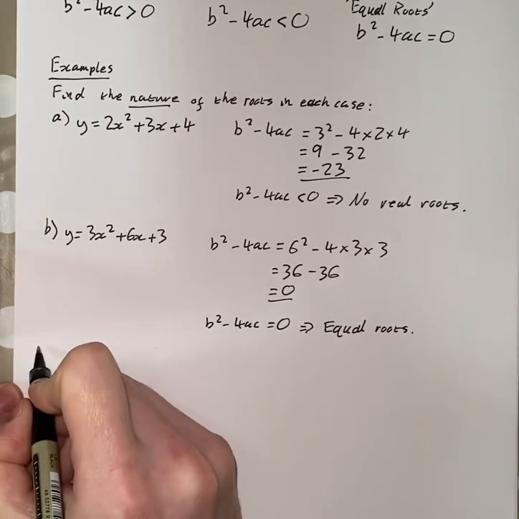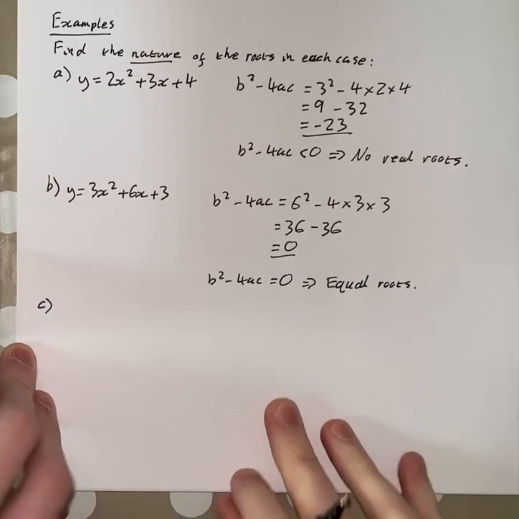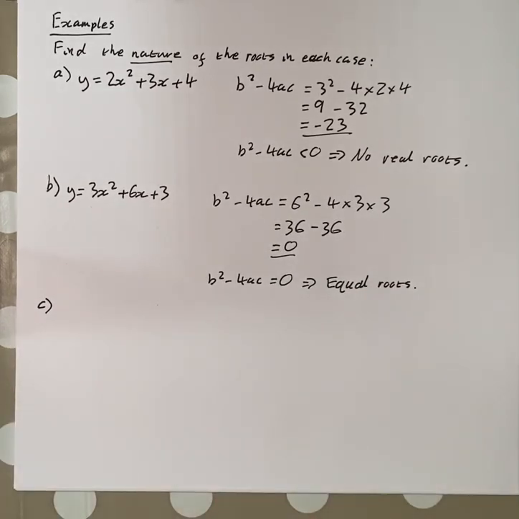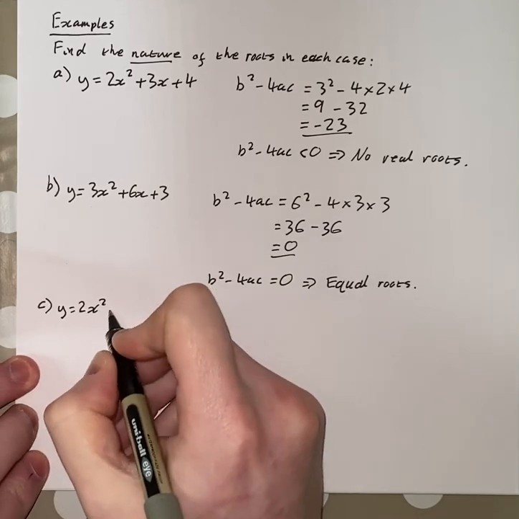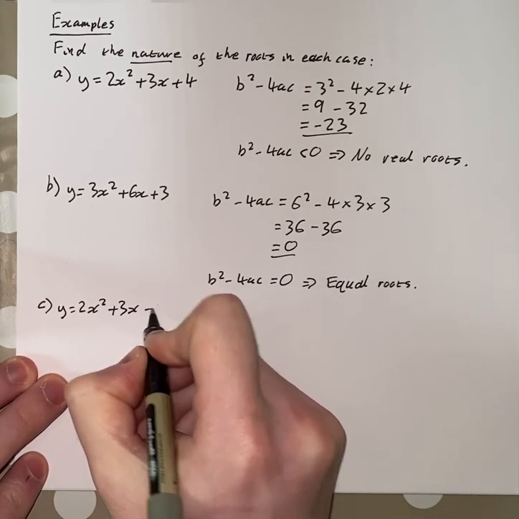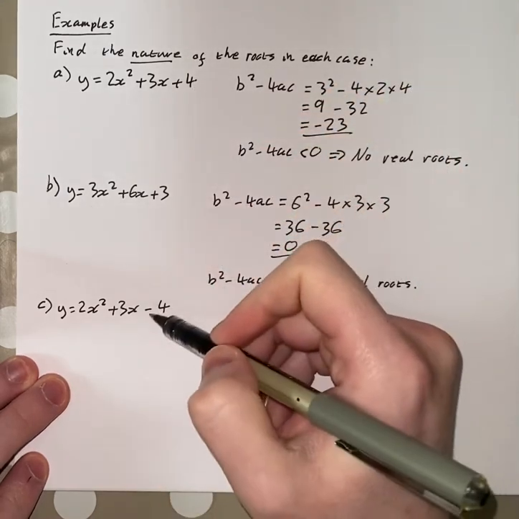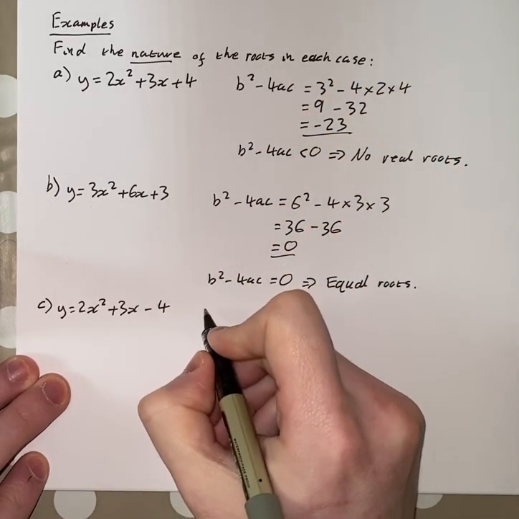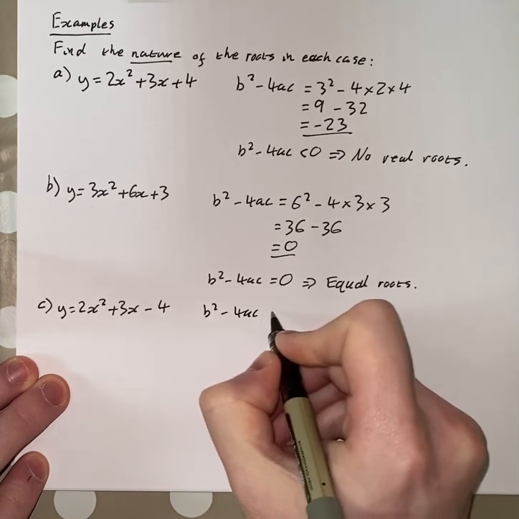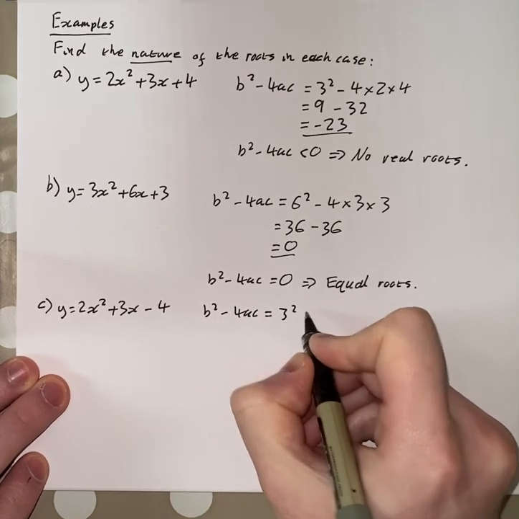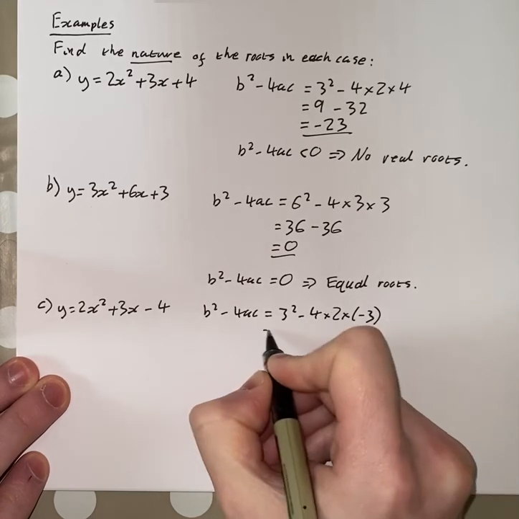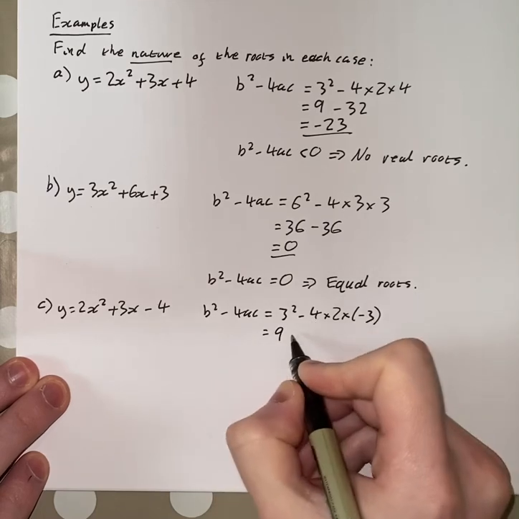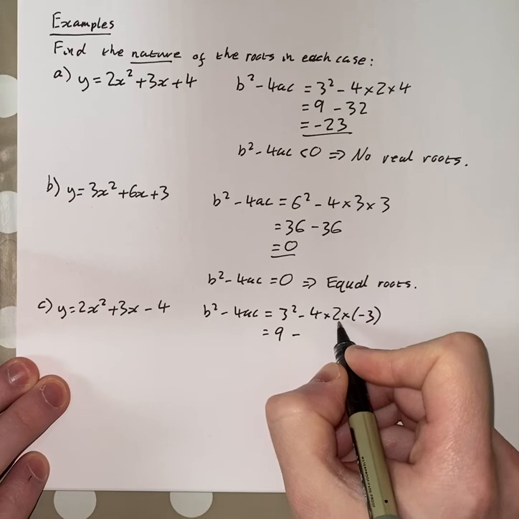And the third one we'll look at, chances are you've guessed where this one's headed already, is y equals 2x squared plus 3x minus 4. So same as the first one, this 4 is now a negative though. Again, b squared minus 4ac equals 3 squared minus 4 times 2 times negative 4.